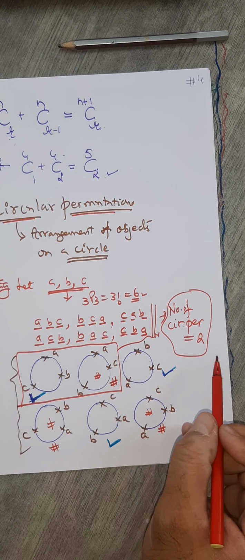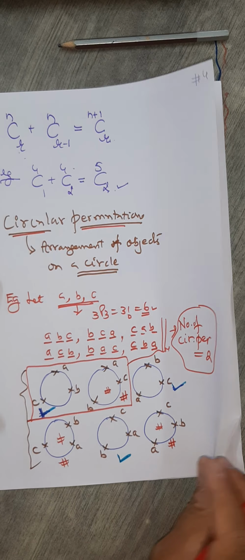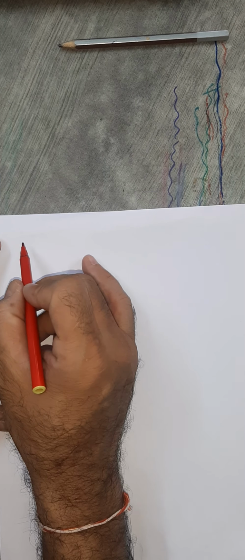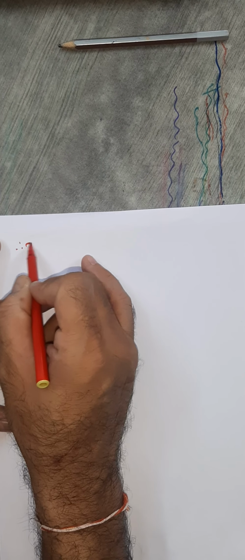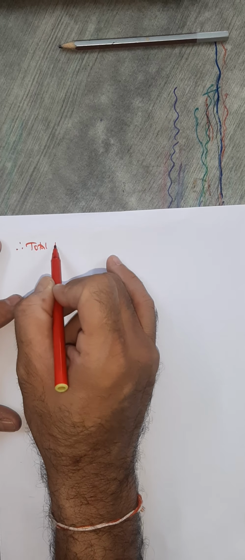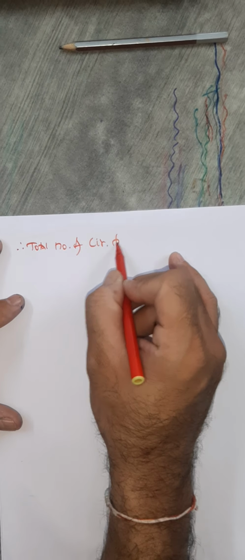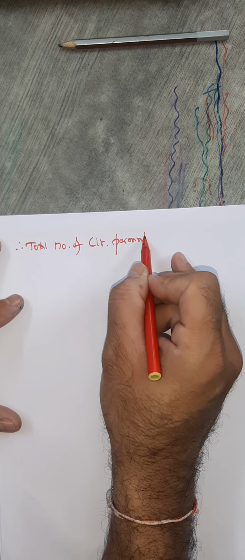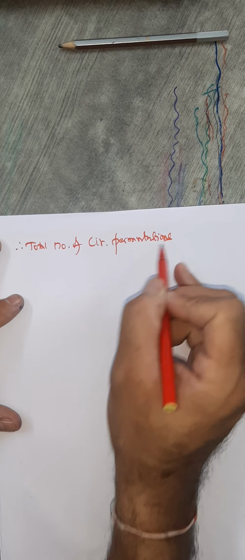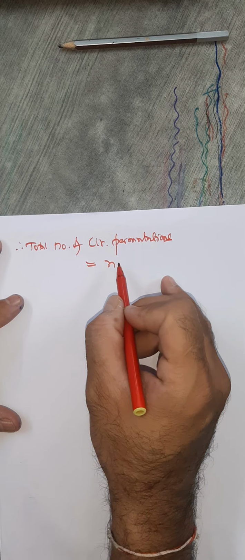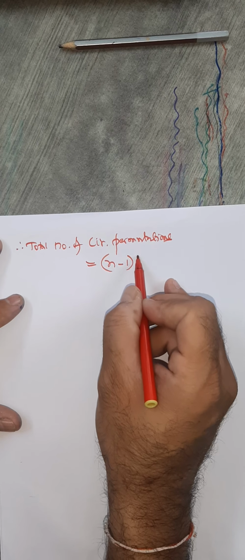And here it is given by this formula. So let me write here the formula. The total number of circular permutations for n objects is given by n minus 1 factorial.